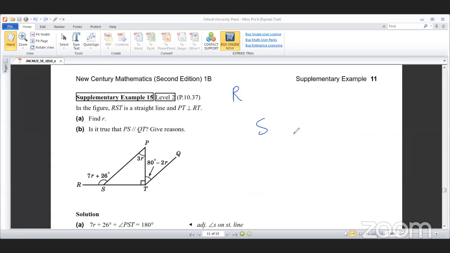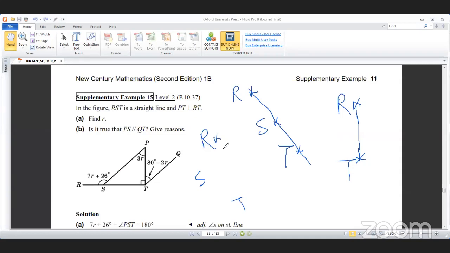Because when we have 2 points, if I want to join these 2 points together, clearly there is only one straight line, right? But if there are 3 points, sometimes if they are on a straight line, then we can just use one line to join all the 3 points together. But in some cases, we may not be able to do so.